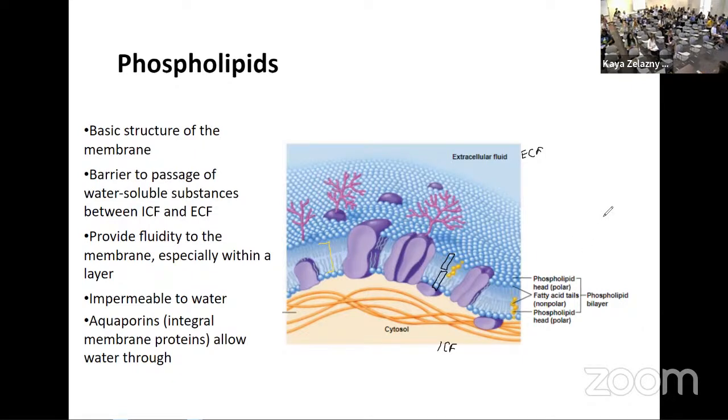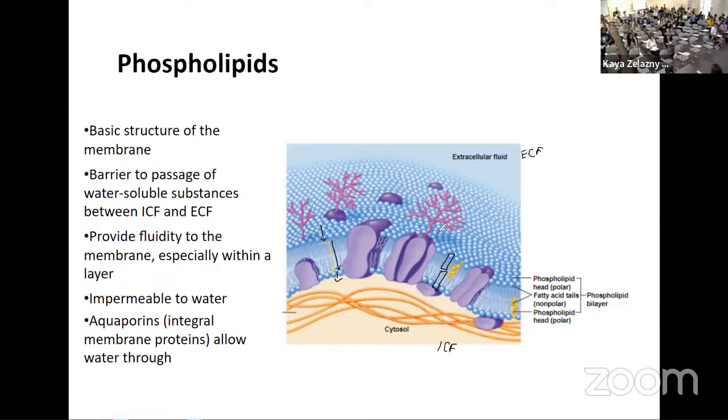Those polar heads are attracted to the water and the fluid on either side of the membrane. But if you're thinking about a molecule that has to get across, very little of it is spending time trying to pass that polar head, but it would have to spend a long time crossing this region of fatty acid tails before it finally gets into the cell.